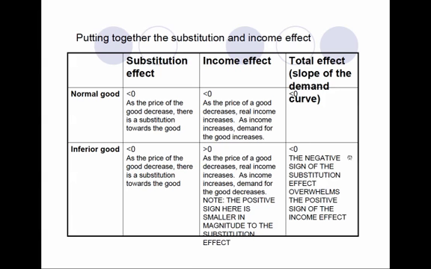And the reason why was because the income effect, although it was working in the opposite direction, was not enough to overcome the very strong substitution effect. So that overall, and that's what this last column here is denoting, the demand curve is still downward sloping, even though in the case of the inferior good, the income effect is slightly overcoming that.